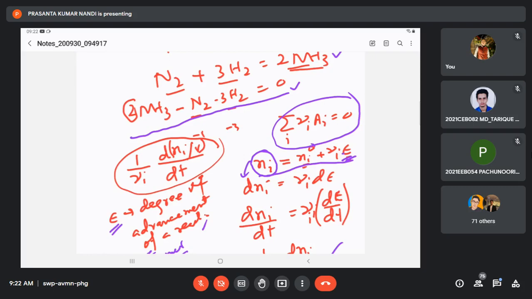Right. So n_i equals n_i 0 plus nu_i, the stoichiometric coefficient, into epsilon. Now, again it is clear that for a reactant species it would be n_i 0 minus nu_i epsilon, and if it is a product then naturally the mole numbers will increase compared to the initial mole numbers, so naturally nu_i should be positive.